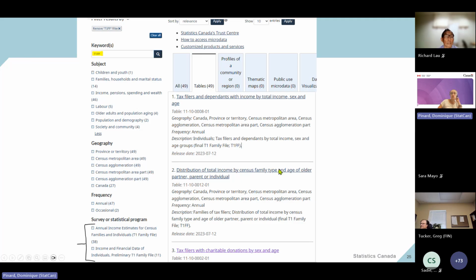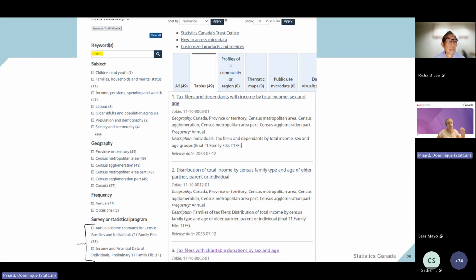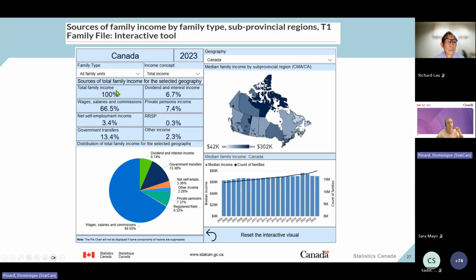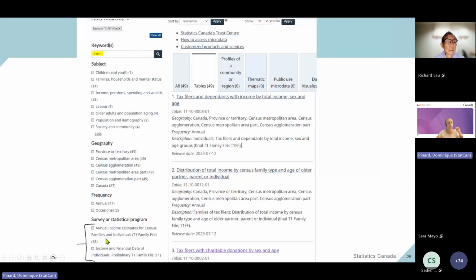If you were to look for TIFF data in web tables, these are predefined content. You would have to go into the data option of the StatsCan website and search for tables. If you were to include TIFF in the keywords, you would see two items popping up in the Survey of Statistical Program area.